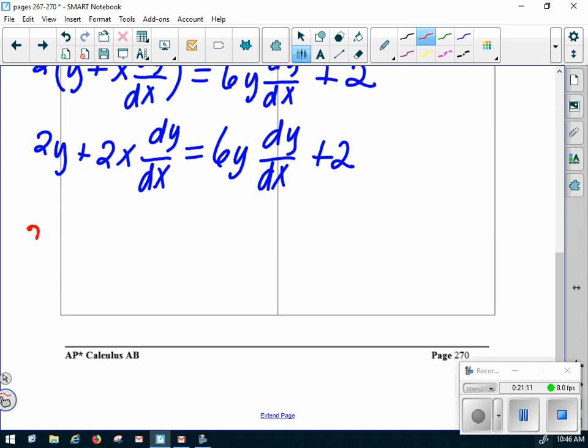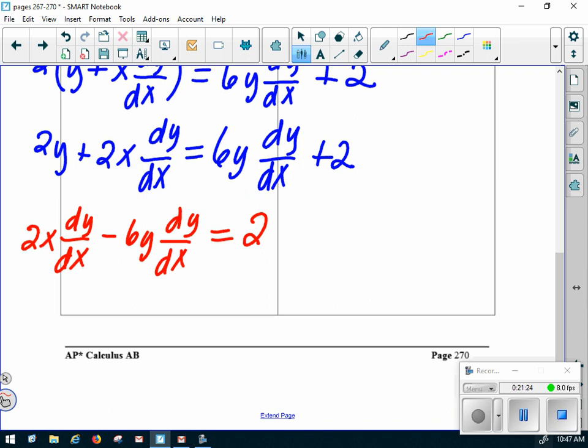I'm going to put the dy dx stuff on the left and the non-dy dx on the right. Does it matter which side? Not a bit. Does not matter.